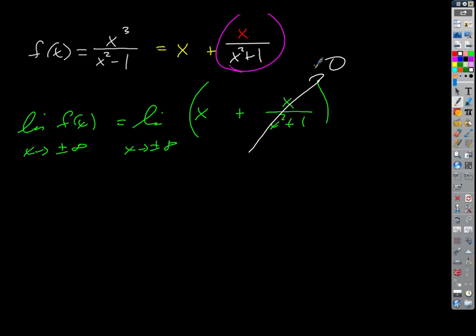Well, that one goes to 0, right? So as x goes to plus or minus infinity, what our function looks like is the line y equals x. That's our slant asymptote.